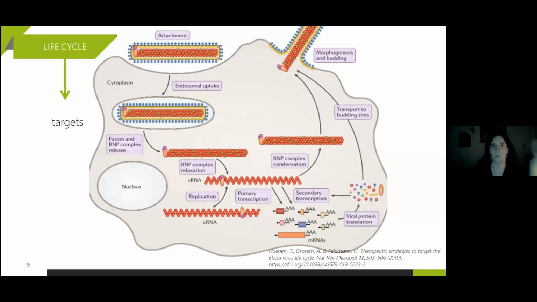So we can have inhibitors of attachment. As explained earlier, we can have inhibitors at the stage of the viral fusion, of the membrane fusion, and in essence, not allow the nucleocapsid to be released. We can have inhibitors in the stage of the replication, in the stage of the assembly, or the budding. And of course, the appropriate proteins of the virus can be the targets of the antiviral strategy.